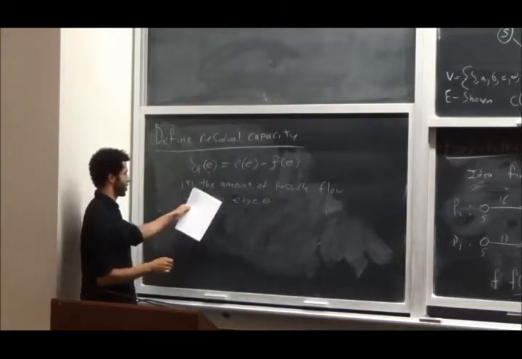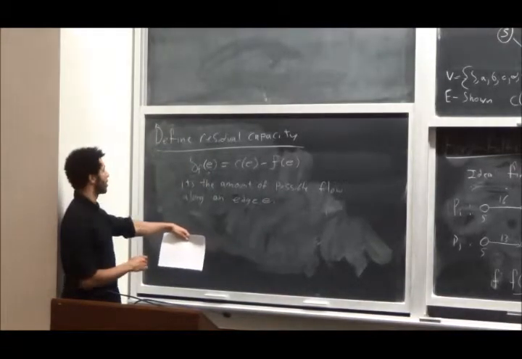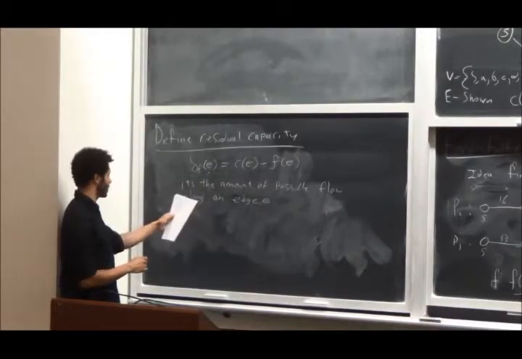Given some edge E, it's just the amount of flow that we could assign to it. It's not a super big deal. It's pretty simple.